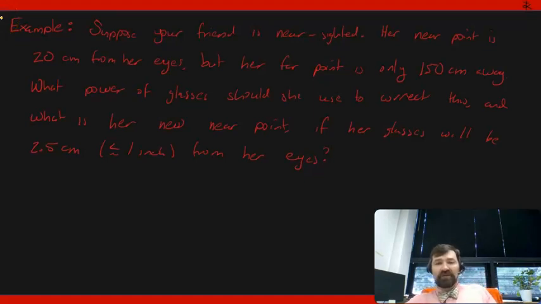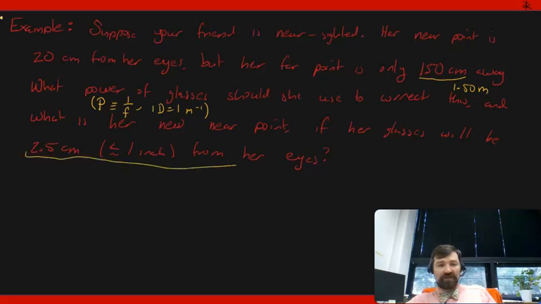For this first part, the power, recall, is defined as 1 over focal length. The unit of diopter is the same as 1 inverse meter. So this right here is 1.5 meters. Now her glasses are 2.5 centimeters from her eyes.